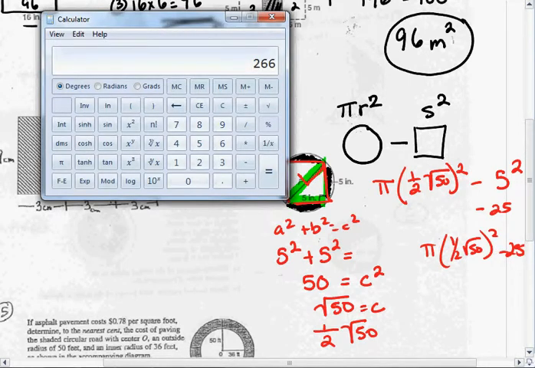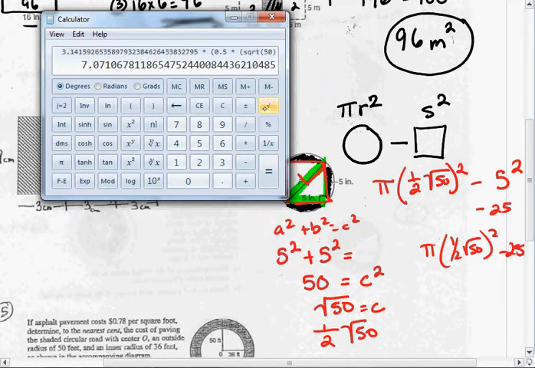All right, I'm going to be using a lot of parentheses here just to make sure that the calculator is following order of operations. Pi times parentheses 0.5, that's a half, times parentheses the square root of 50, close my parentheses.